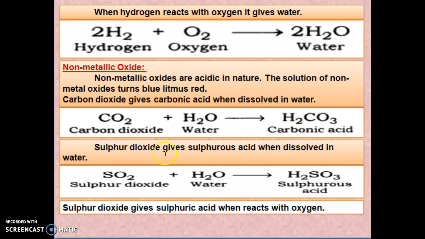Similarly, sulfur dioxide gives sulfurous acid when dissolved in water. So SO2 plus H2O gives H2SO3, that is sulfurous acid. Sulfur dioxide gives sulfuric acid when it reacts with oxygen. These are acidic in nature, so when we test with blue litmus paper, it turns red.